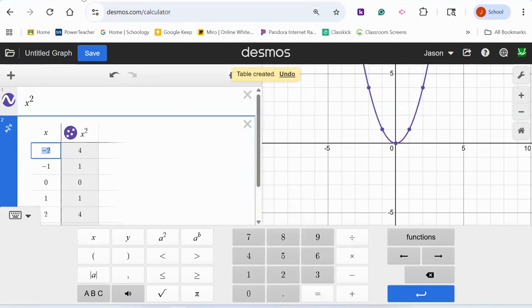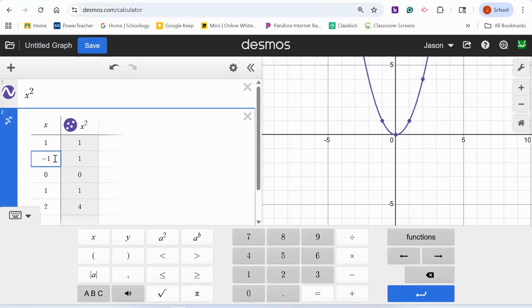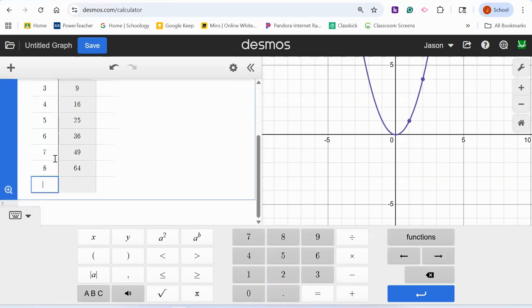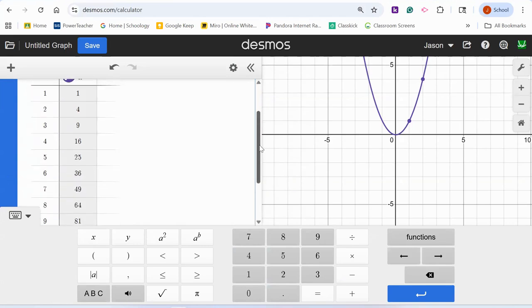So if I go 1, 2, 3, 4, 5, 6, 7, 8, 9, 10, you can quickly make a list of perfect squares. And we ask ourselves, which of these numbers are factors of 75? Well, pretty clearly, 25 is a factor of 75.